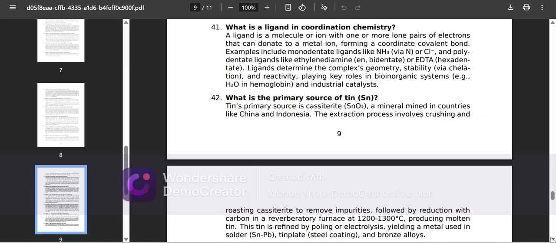Examples include monodentate ligands like NH3 via N, or chloride, or polydentate ligands like ethylenediamine, en, bidentate, or EDTA, hexadentate. Ligands determine the complex geometry, stability, and reactivity, playing key roles in bioinorganic systems. Example: heme in hemoglobin and industrial catalysis.